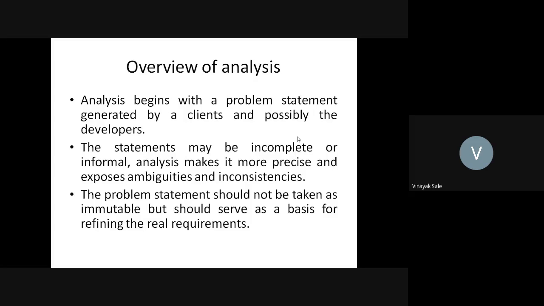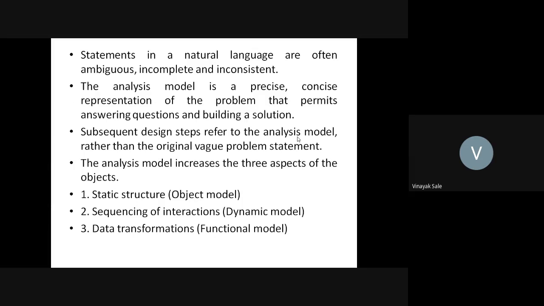The problem statement should not be taken as immutable, but should serve as the basis for refining the real requirements. Statements in natural language are often ambiguous, incomplete, and inconsistent. The analysis model is a precise, concise representation of the problem that permits answering questions and building a solution.